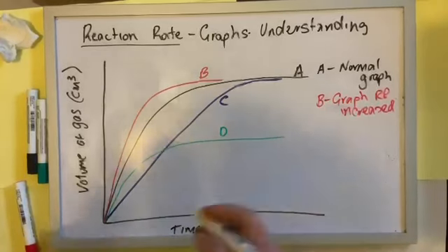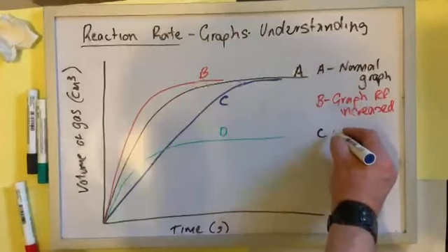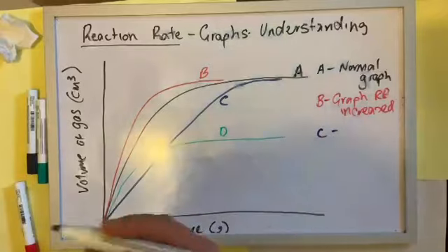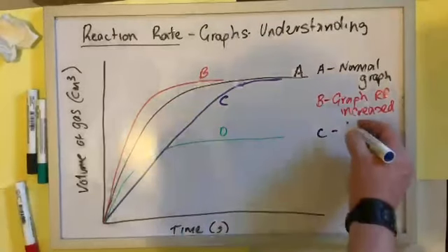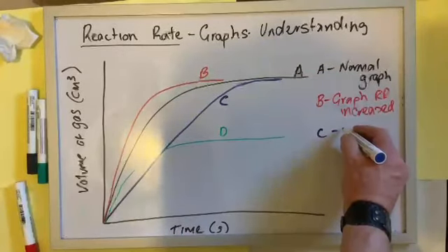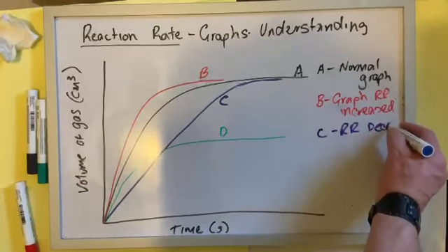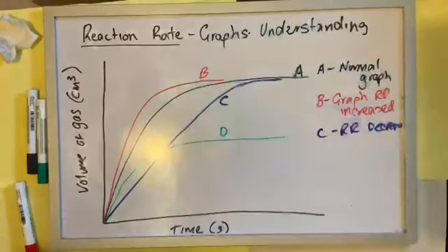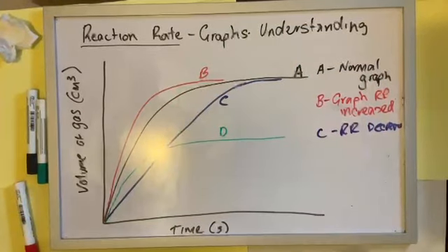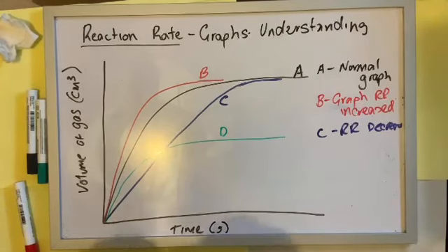The line C, purple, is the graph where the reaction rate has decreased, i.e. gone the other way: smaller surface area, lower temperature, no catalyst, that sort of idea, lower concentration.